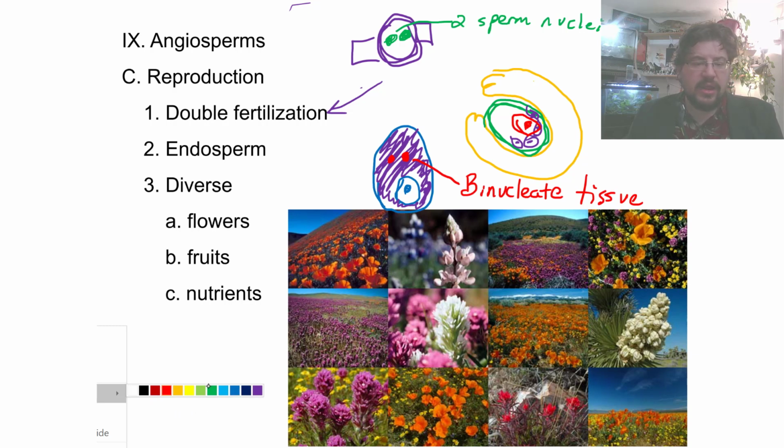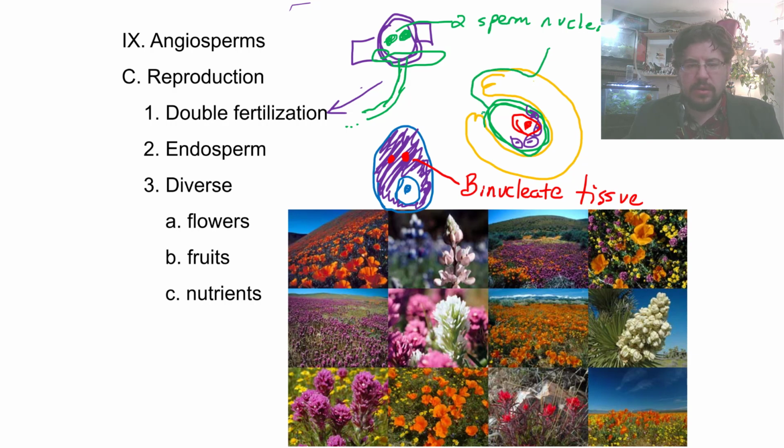That pollen grain lands on the stigma and it produces its pollen tube all the way down, all the way through the ovary, all the way down to the integument, all the way over to the ovule, right? And that pollen tube connecting up here releases both sperm nuclei.